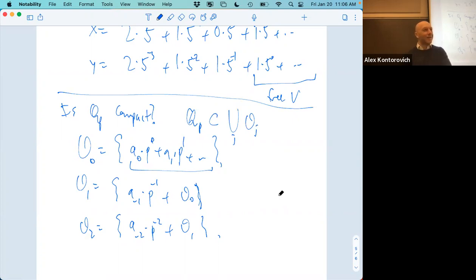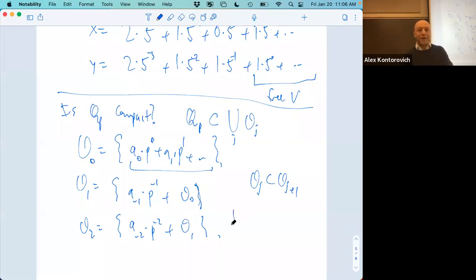Why can't I find a finite subcover? They're all contained in one another. I have containment: OJ is contained in OJ plus 1. It doesn't stop.